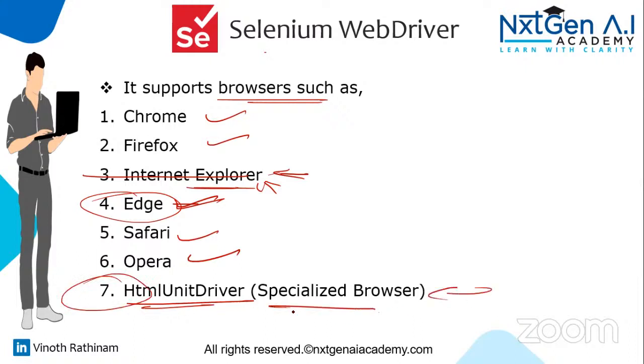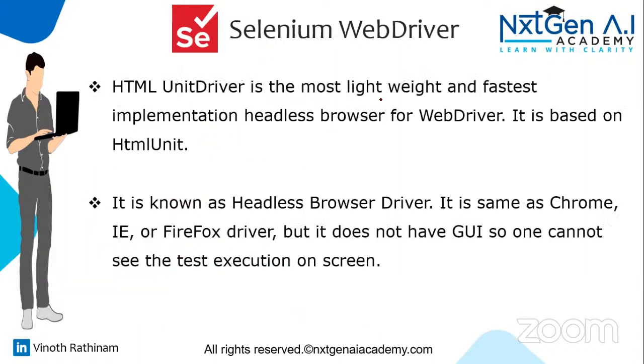What does this mean? It is the most lightweight and fastest implementation of a headless browser based on HTML unit. Again, what does headless browser mean? Same as Chrome and Firefox browsers, but it does not have any front end.